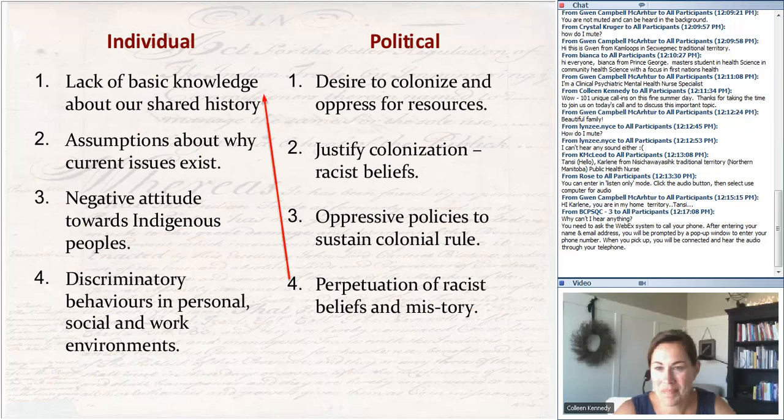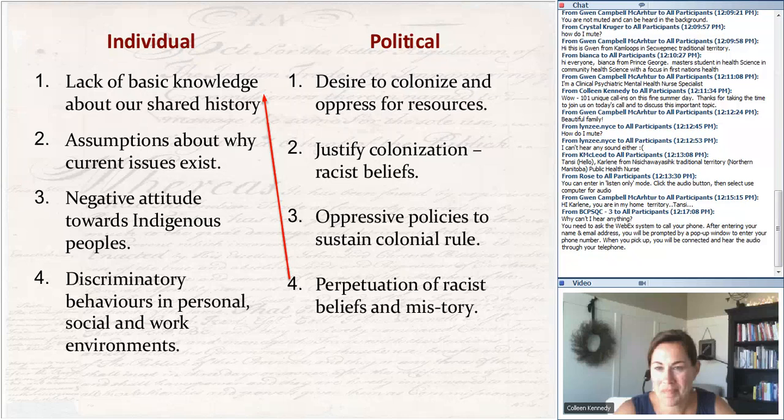If we go back over to number 1 on the political side, we have to start in the historical context, which is European settlers had a desire to colonize first Canada. They didn't call it Canada at the time, but this new world, this occupied world. The desire to colonize and then later oppress for the purposes of accessing the resources in this country.